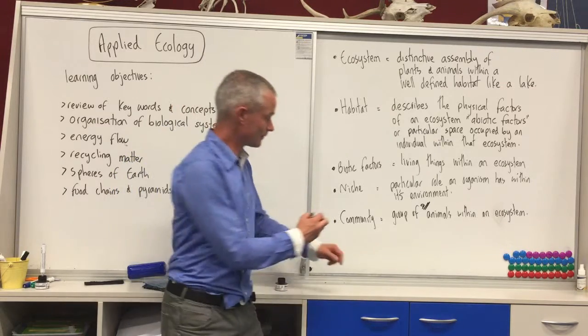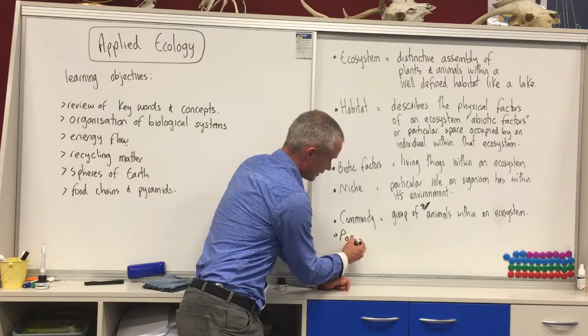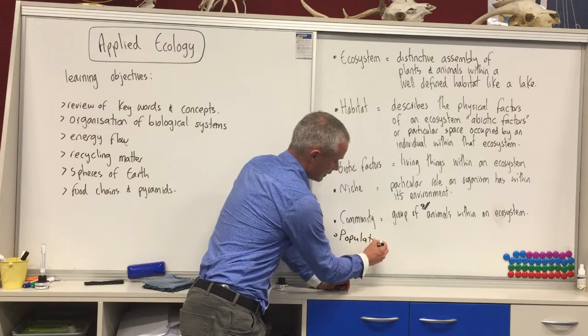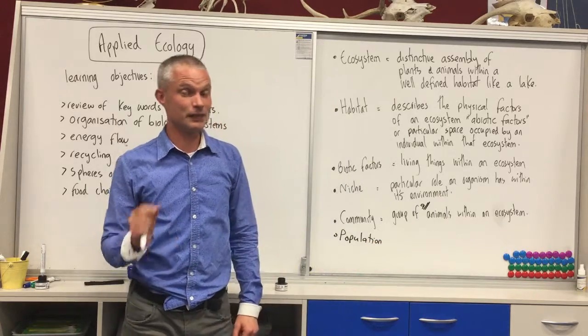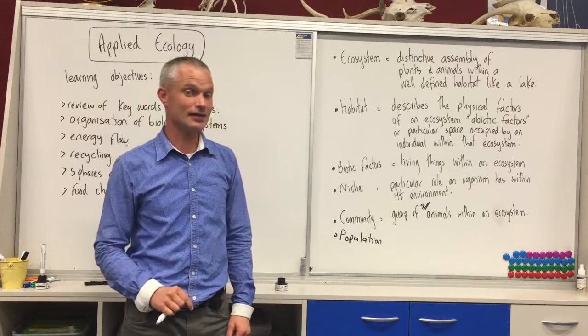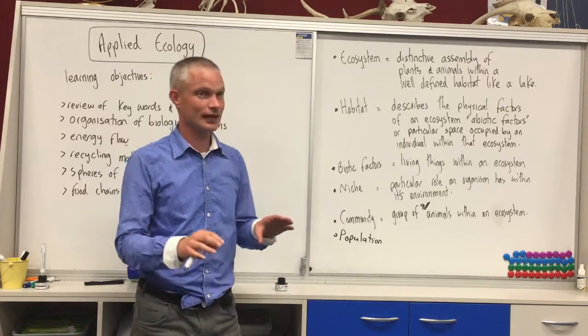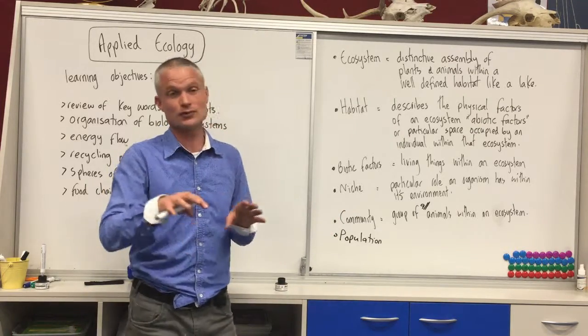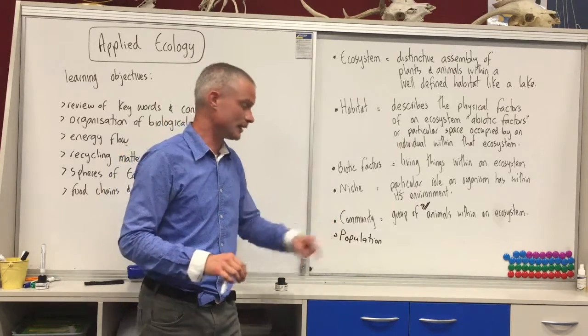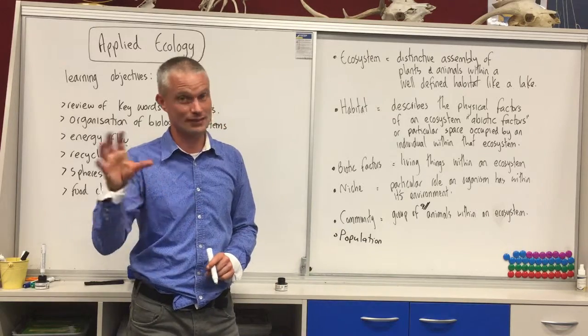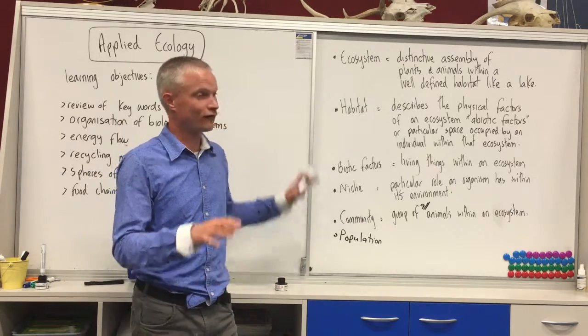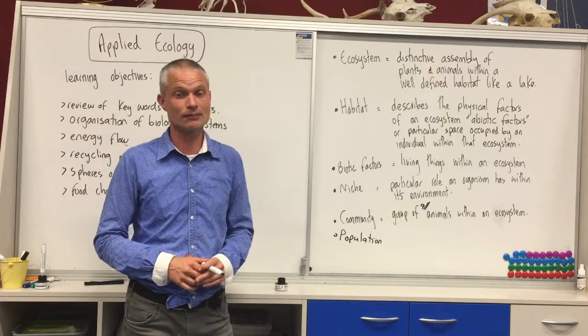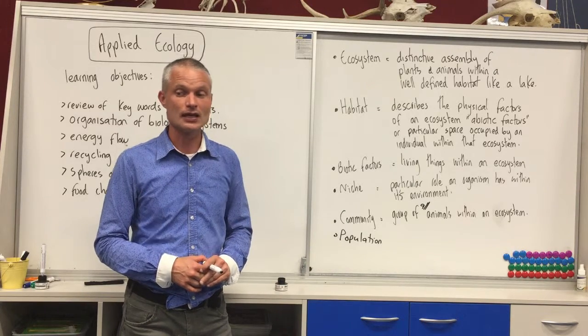And a population is a group of a particular species within that ecosystem. So community is looking at the different groups of different species, and the population is a single group of a single species. It's just a way of framing up the biological complexity within that ecosystem.